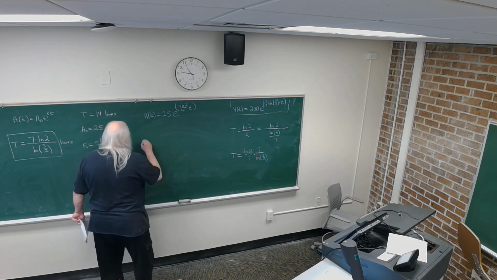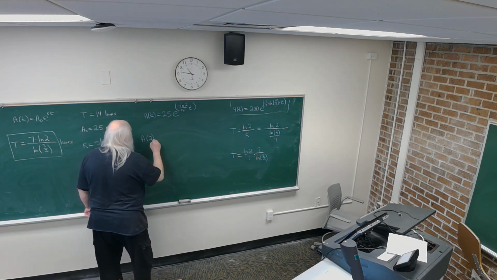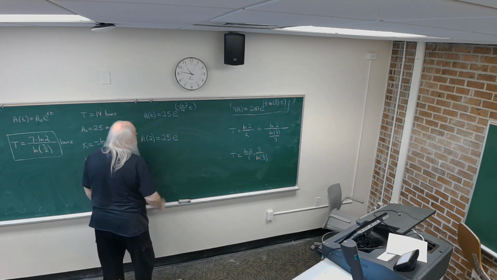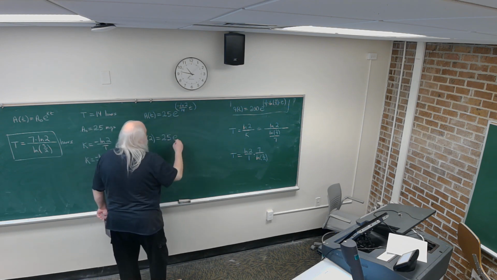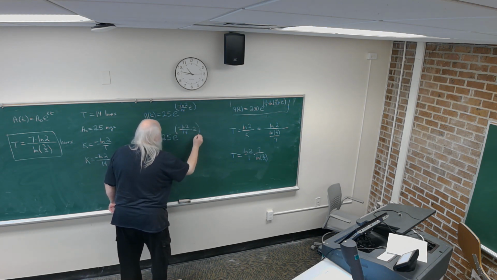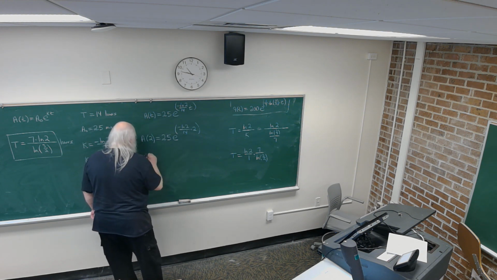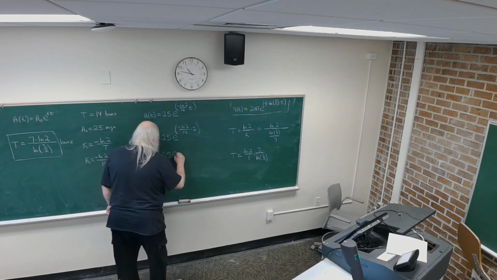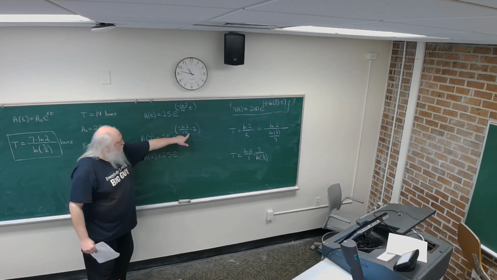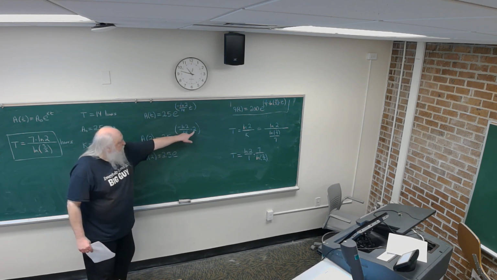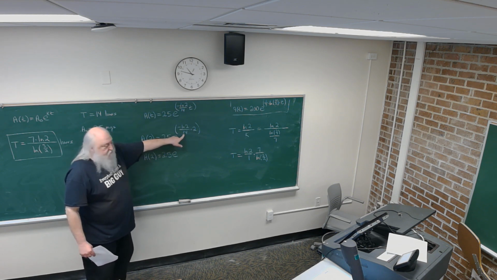So A of 2 is equal to 2.5 times E. And now we put 2 in for T up here. We have minus log 2 over 14 times 2. And 2 and 14 are both divisible by 2, right? So 2 divided by 2 is 1. 14 divided by 2 is 7.